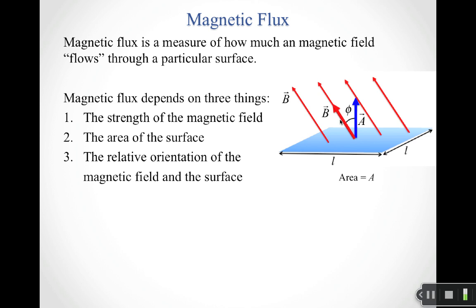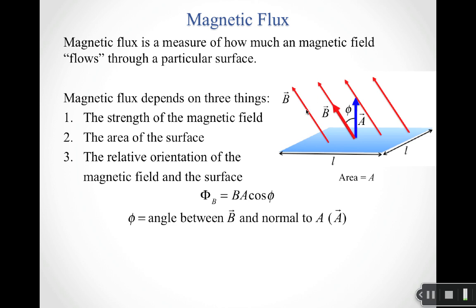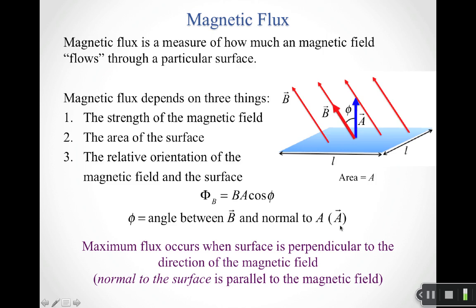It depends on the area of the surface, and it depends on the relative orientation of the magnetic field and the surface. Quantitatively, we capture this in the equation: the strength of the magnetic field, the magnitude of the area vector, how big is the surface, and then the cosine of the angle between the magnetic field vector and the area vector.